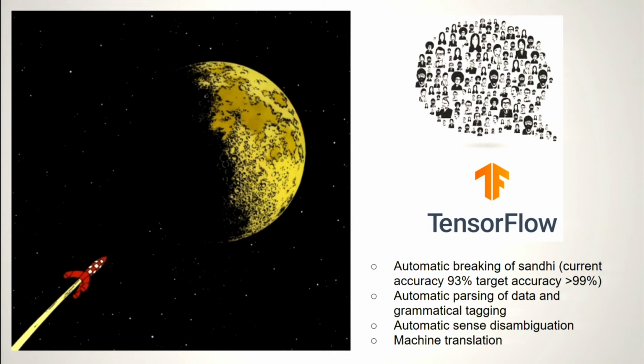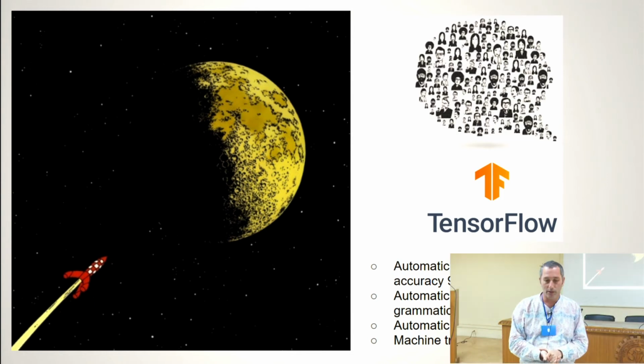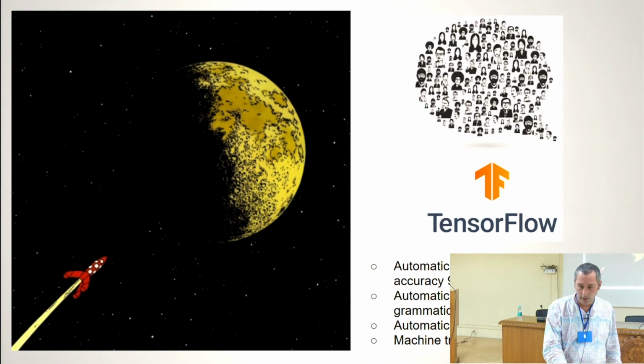We can do automatic parsing of the data and grammatical tagging and get to very high accuracy. We can do automatic sense disambiguation and also get very accurate, and we can definitely do translation. With a convolutional neural network, as we have more data, it's going to get more accurate, and eventually it's going to be so accurate that you're not going to notice it anymore.